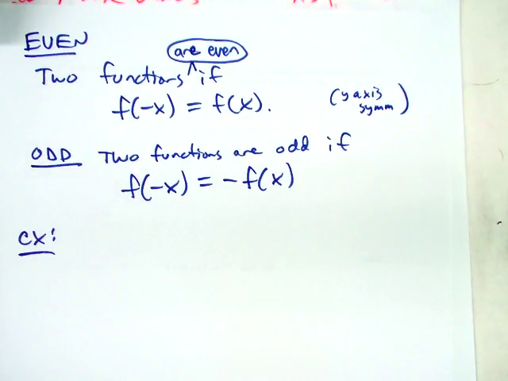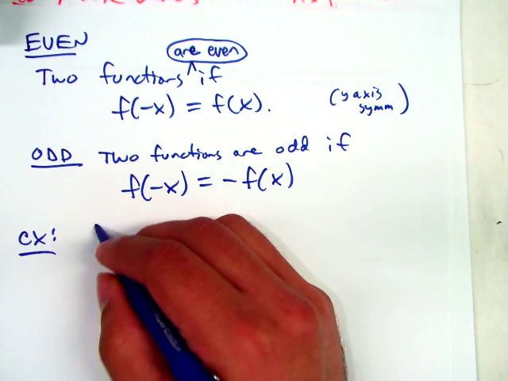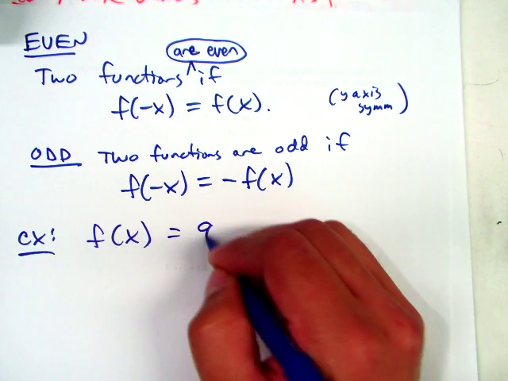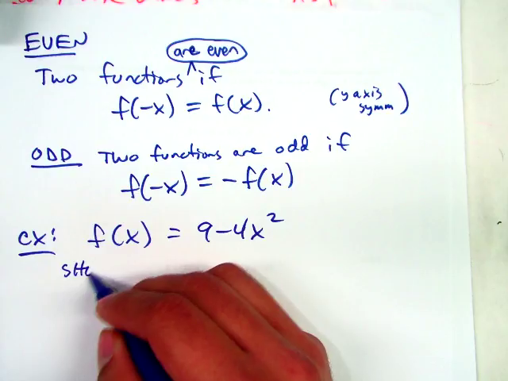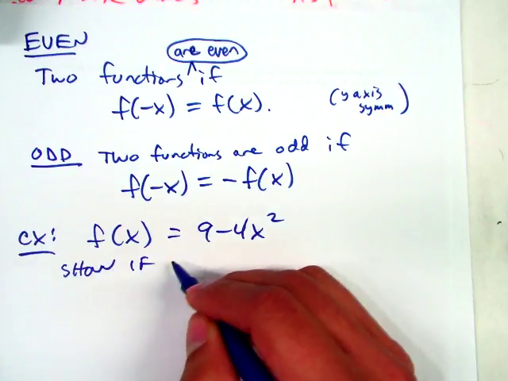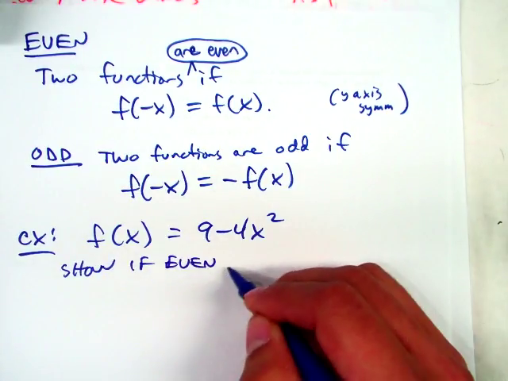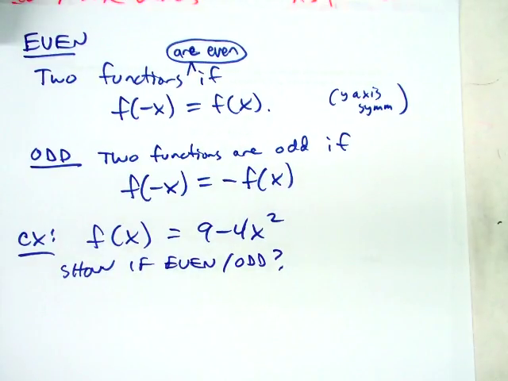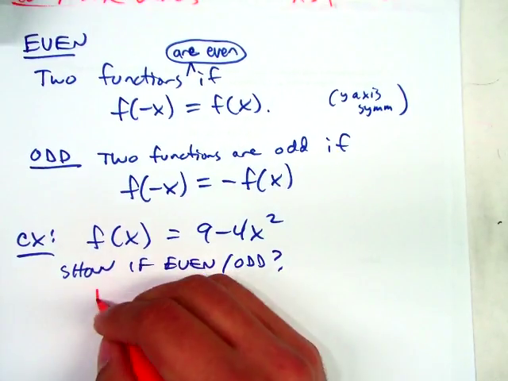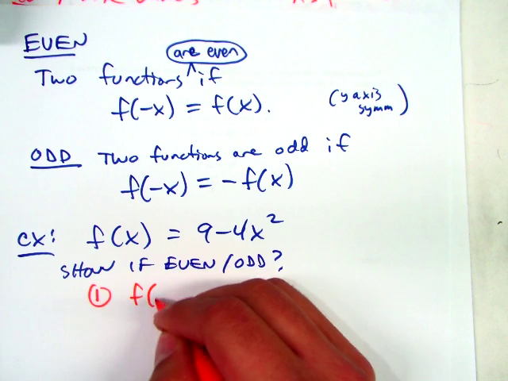Okay, so if I give you an example, f of x equals 9 minus 4x squared, and I say, show if even or odd. All you do, every time, first, you figure out what f of negative x is.